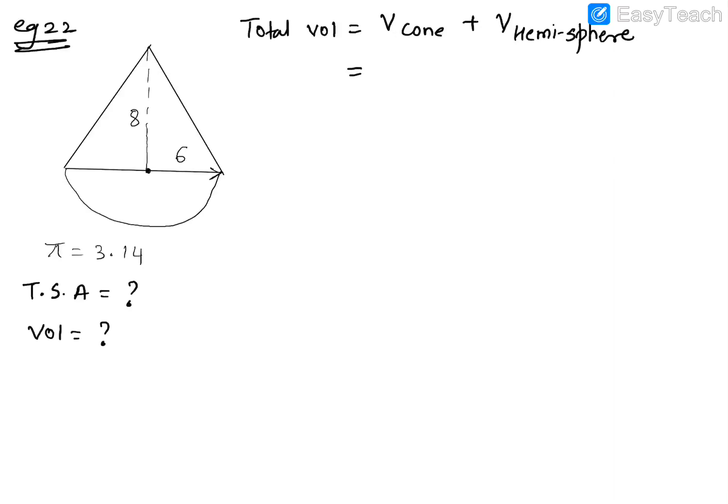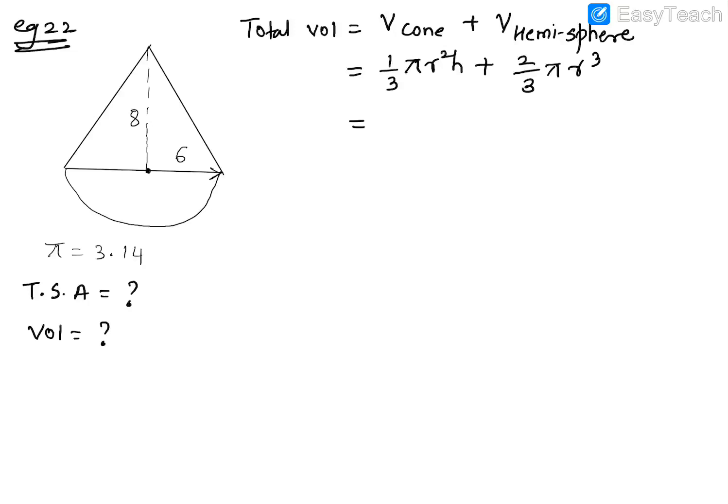Now, what is the volume of the cone? So volume of the cone is what? 1/3 pi r squared h plus 2/3 pi r cube. Okay, now what is common in both of them?